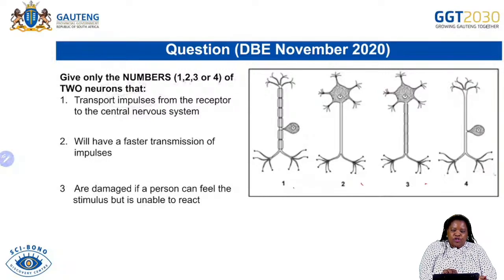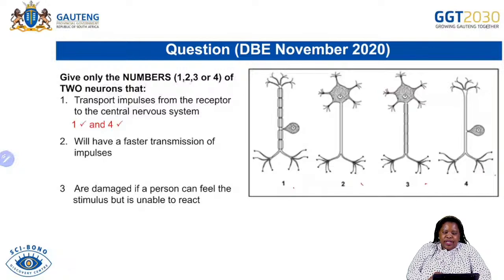Look at the ones given, and then you tell which ones transport impulses from the receptor to the central nervous system. So it is 1 and 4.